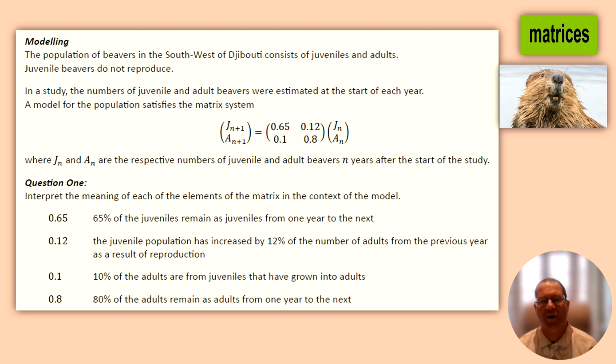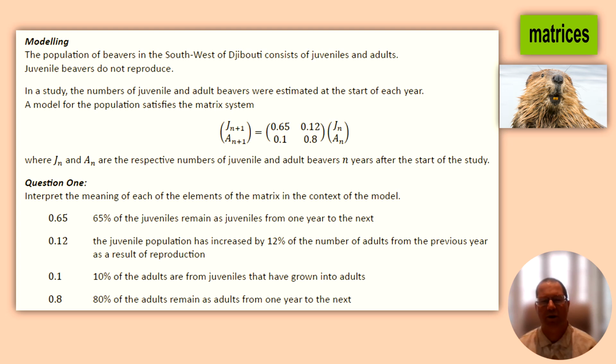Well, the 0.65 Jn must be the juveniles in year n that are still juveniles in year n+1, whereas the 0.12 is an increase in juveniles based upon the number of adults, so it must be adults that are reproducing because they're not turning into juveniles. So 12% of the number of adults is an increase in the number of juveniles, and 0.65 is 65% of the juveniles who remain as juveniles from one year to the next.